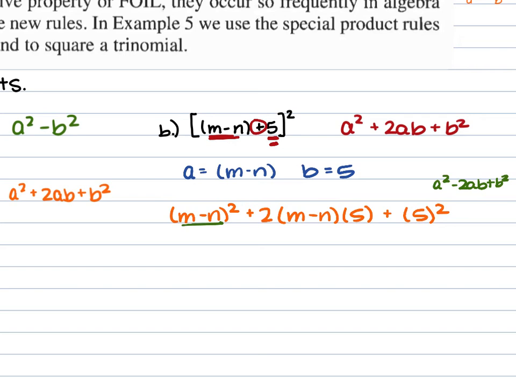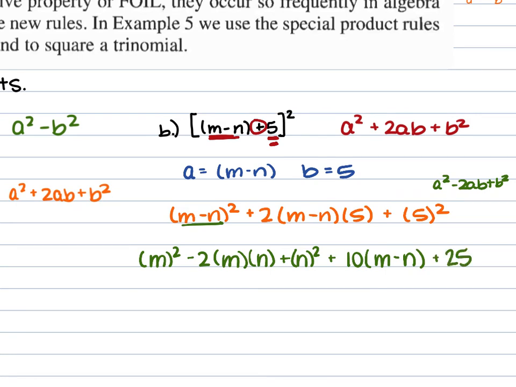So this is just going to give us an a of m and b of n. So a squared is going to be m squared minus 2 times a, which is m, times b, which is n, plus n squared, plus 2 times 5 gives us 10 times m minus n, plus 5 squared is 25.